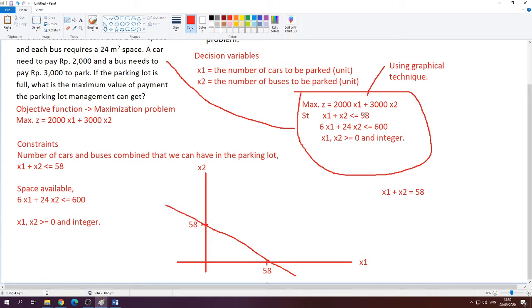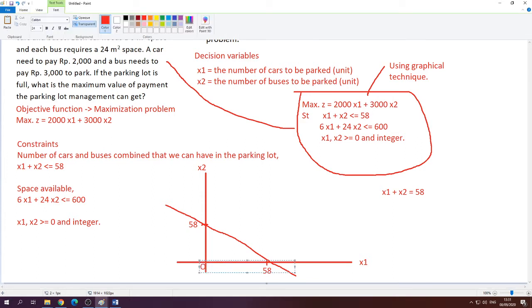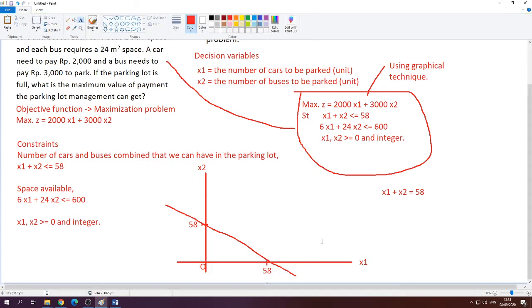But remember, in the original problem, the sign is less than or equal to. So we need to test a point in order to decide the region for the first constraint. The easiest way is to test the origin, the 0, 0 point.